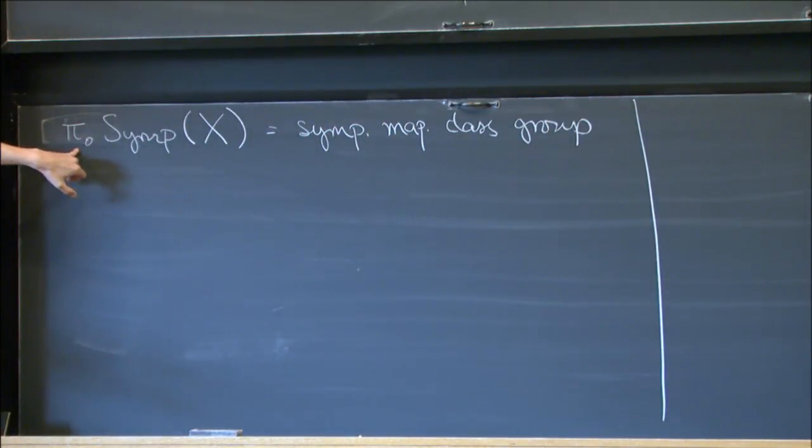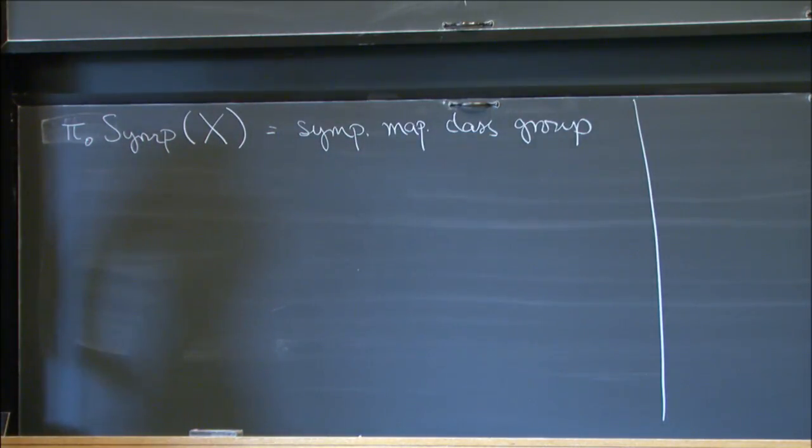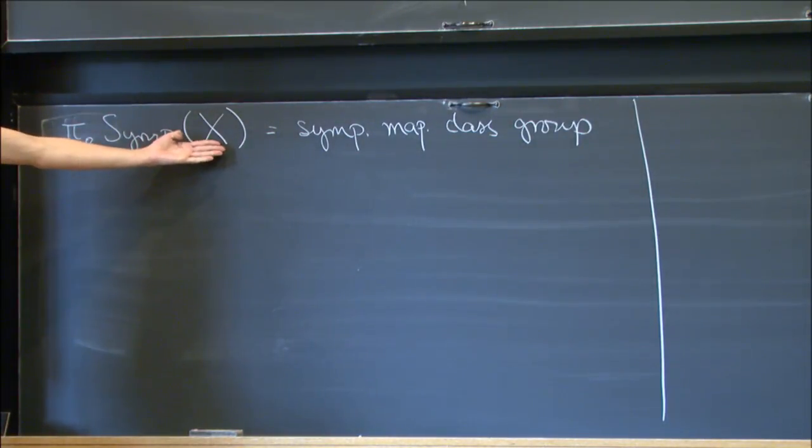That's the group of isotopy classes of symplectomorphisms from X to itself. I'm going to talk about X being compact mainly.